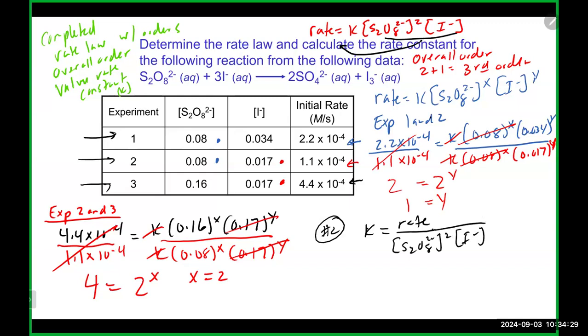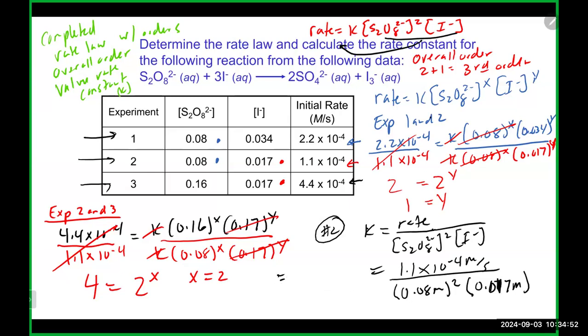So since I said I'll do number 2, that means up on top 1.1 times 10 to the minus 4 molar per second, divided by 0.08 molar squared and 0.017 molar, and that's a 1 there.